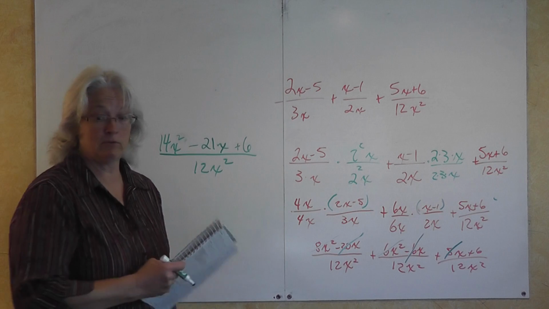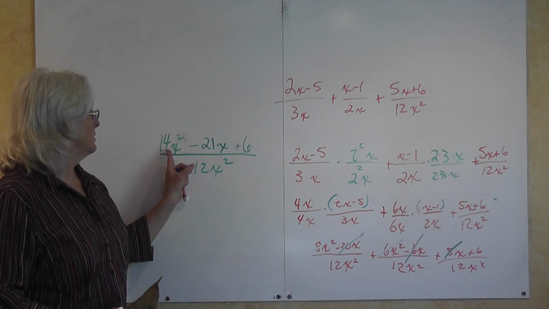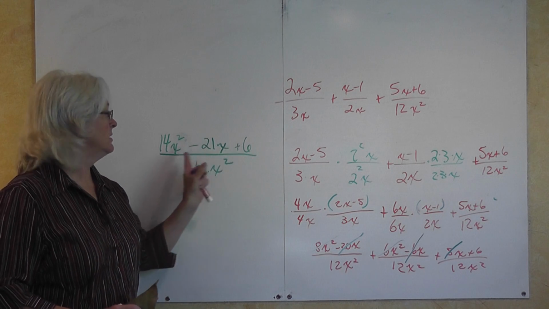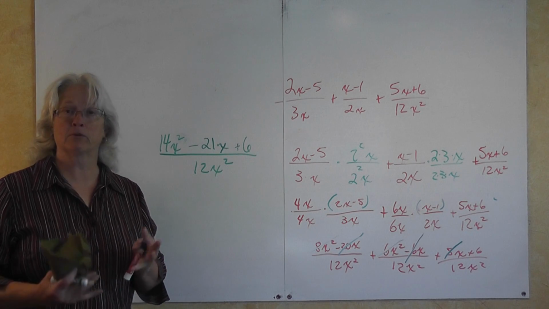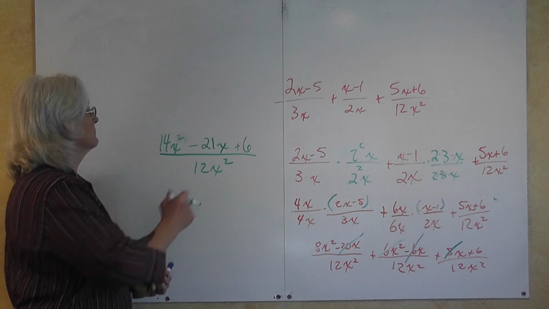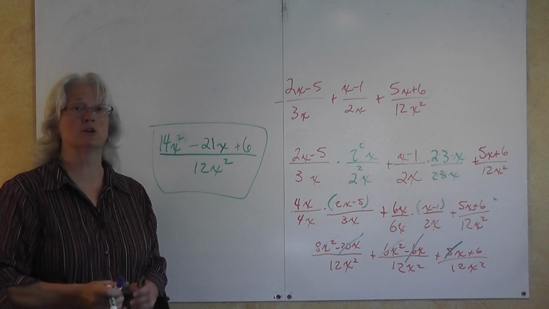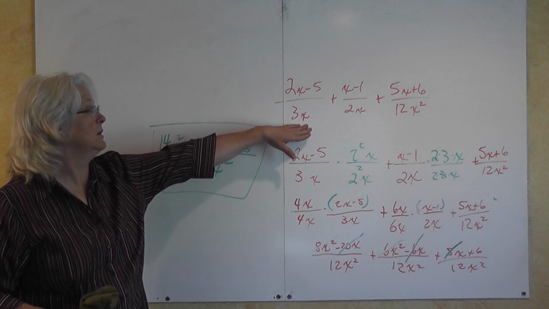Is there anything that we can reduce? Do they have any common factors? No common factor of 2. No common factor of 3. This rational expression right here is the solution to our original problem.